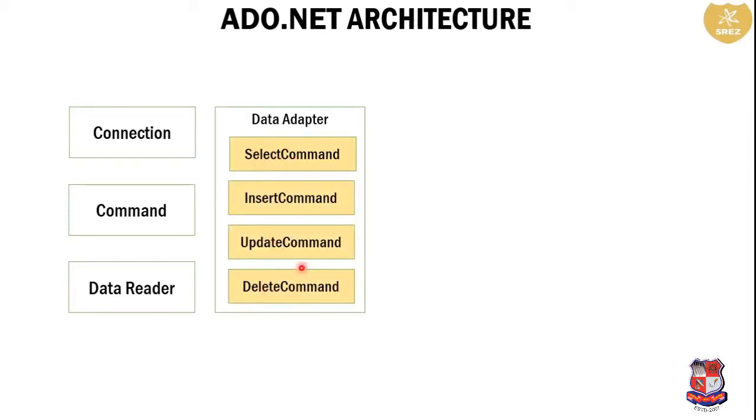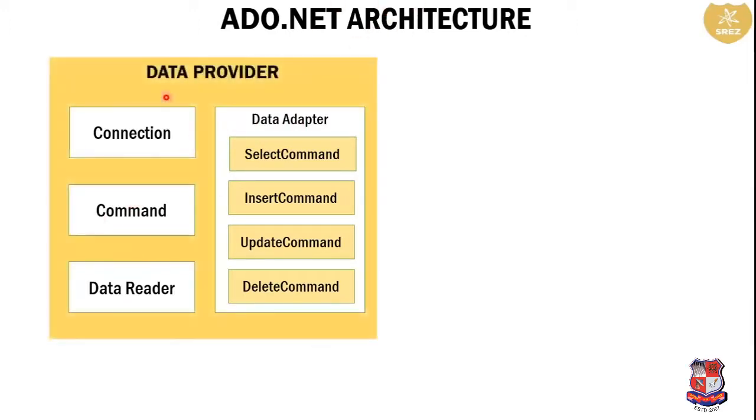So these and many more operations that are used to fetch data from the data source are done by the data adapter. So the actual work of fetching the data is done by the data adapter and not by the command object. So this completes the first part of our architecture, and it is called the data provider. It is used to provide the data from the data source to our application.